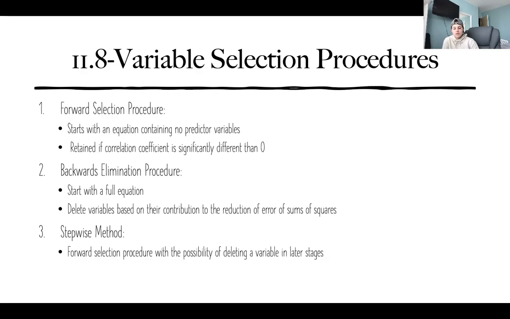This differs greatly from procedures based on the t-statistics. So we're going to use our t-statistics again in this procedure in order to add or delete variables. Our stepwise method is kind of a combination of the forward selection and backward elimination, as we can both add and delete as time goes on.